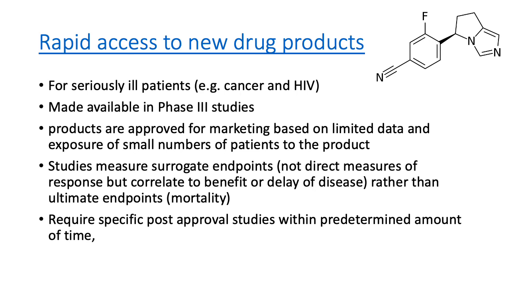So they receive a special type of approval, a conditional approval, and for the manufacturers to convert it to an official approval, or a regular approval, they have to provide additional data to convert the status of the drug.